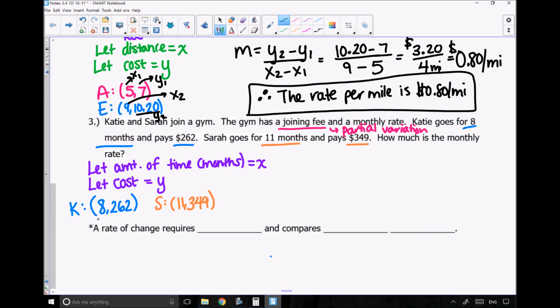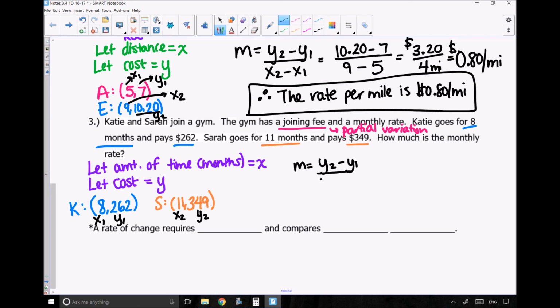So looking at this right here, I can say 8 is x1 because it's my first x, 262 is y1, 11 is x2 because it's my second x, 349 is my y2 because it's my second y. So I can go ahead and fill in my information.